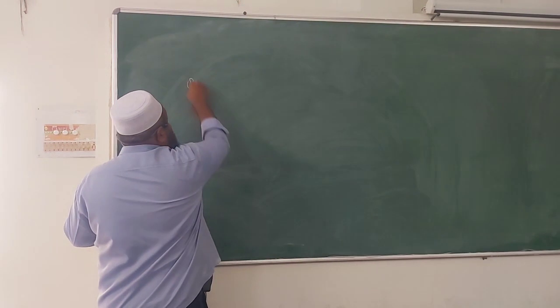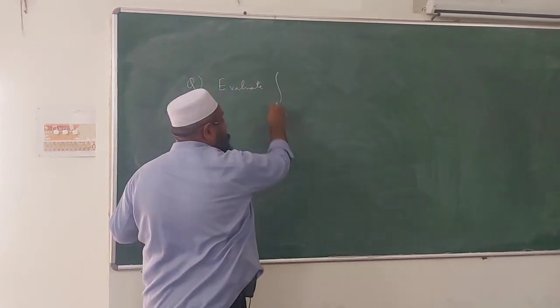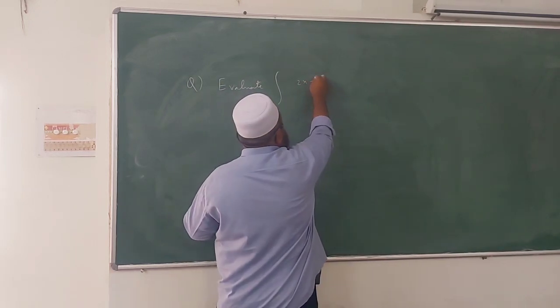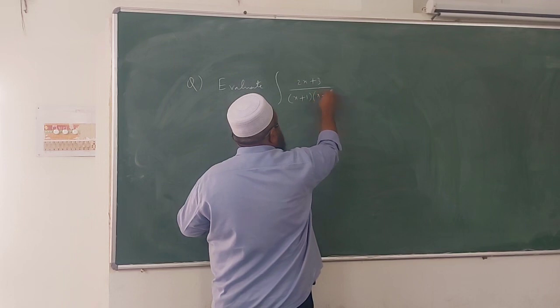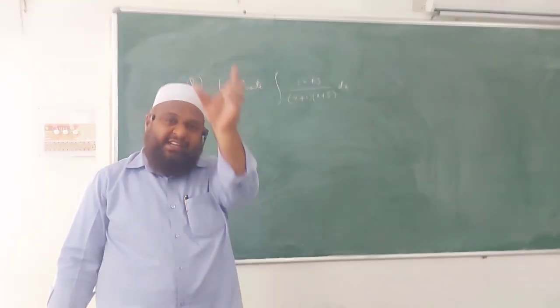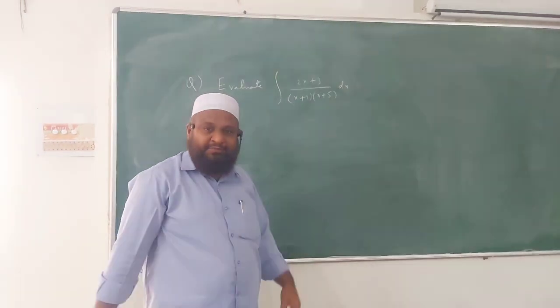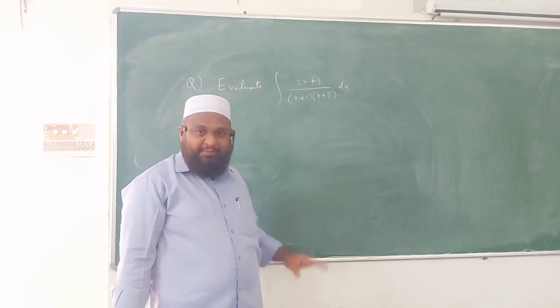Suppose the question comes, evaluate integral 2x plus 3 divided by x plus 1 into x plus 5. Then if you see in the list, you don't get this function. If you want to use the rules, some rule is not applicable.